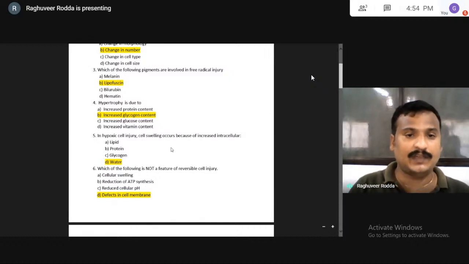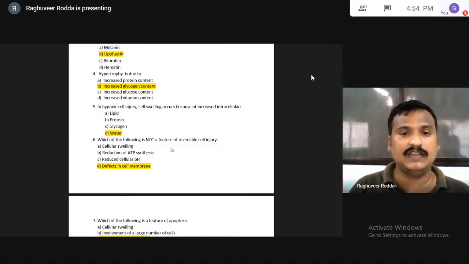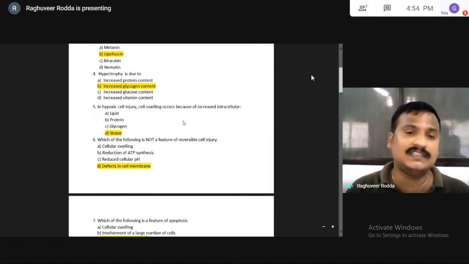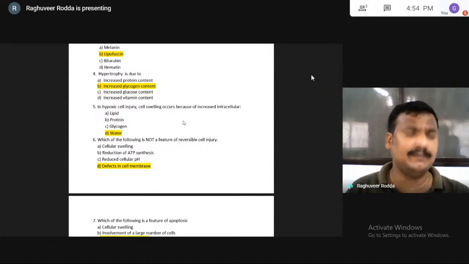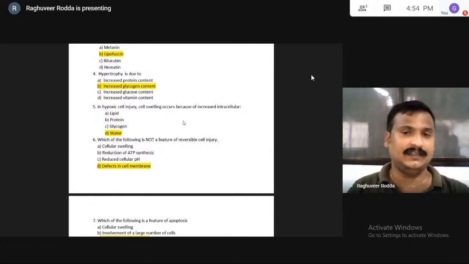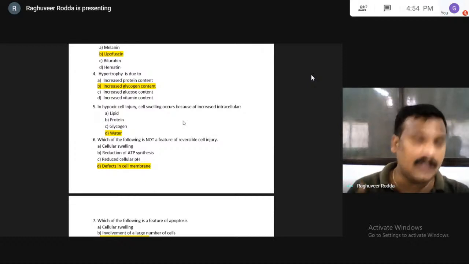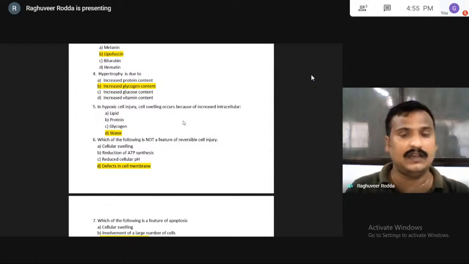Then, in hypoxia cell injury, cell swelling occurs because of increased intracellular water. As I said, the major change in the intracytosolic levels during the cell injury condition is that, because of the change in membrane permeability, definitely more and more sodium comes in.